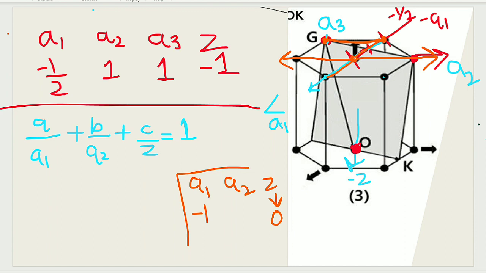So let me show you again, starting from origin, we moved negative 1 unit along A1 and negative 1 unit along the A2 direction to reach the point G. So the coordinates are actually -1, -1 and 0. These are the values of A, B and C. These are the coordinates of point G, and they will help us in the direction part as well.